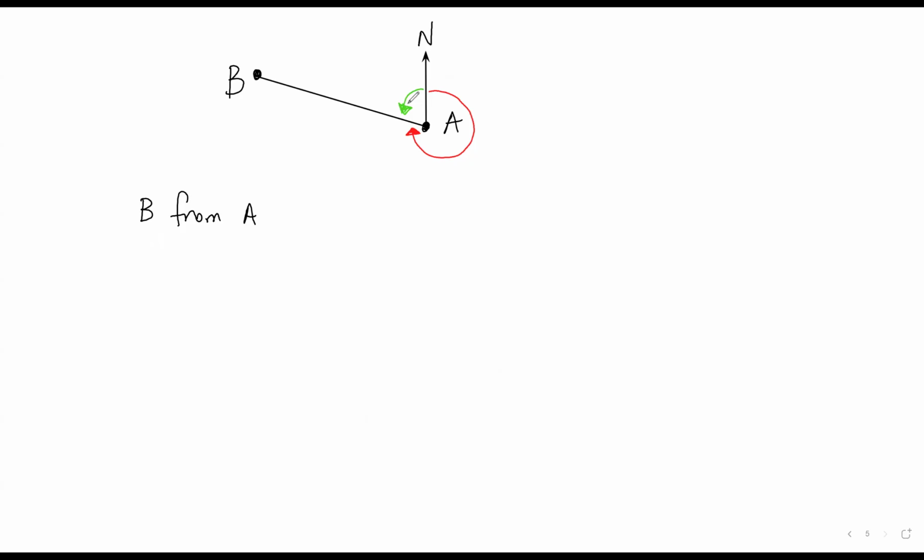Because the green one is going anti-clockwise. That's right. So the bearing is the clockwise angle. So this one is your bearing of B from A, because it's the clockwise angle at A between the north line at A and the line AB. Do you think you have it a little bit now?